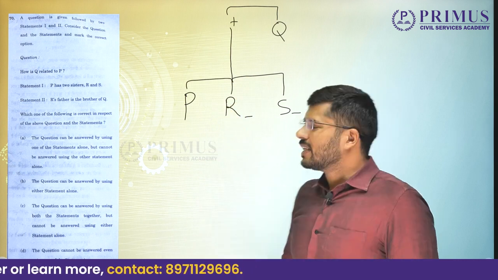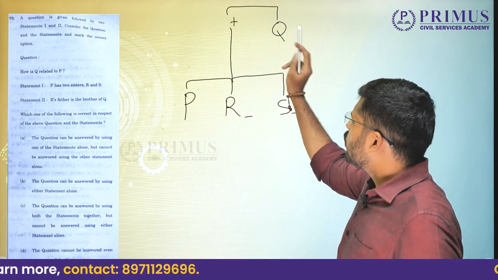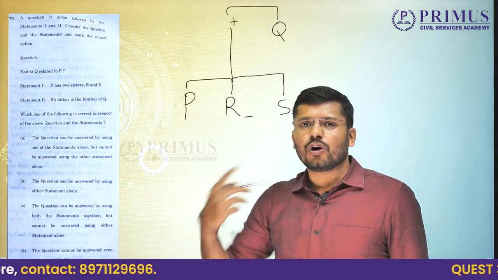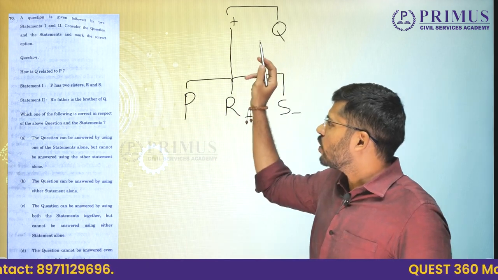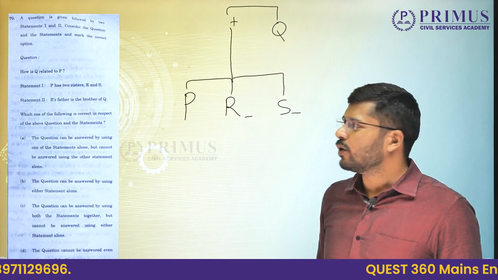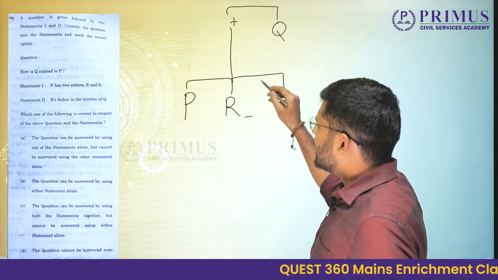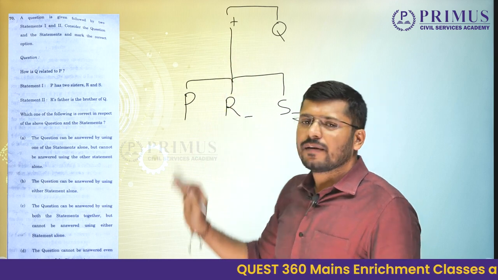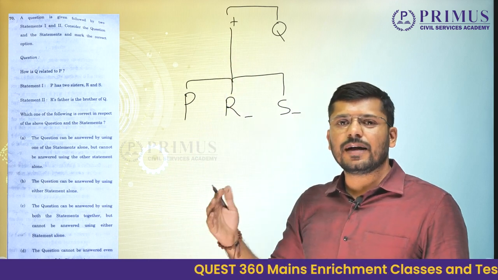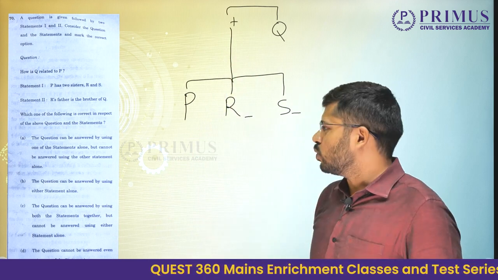We cannot answer the question at all, because Q can be either aunt or uncle. Unless we know the gender of Q, we cannot say how Q is related to anyone. So we cannot answer the question with the help of both the statements also.